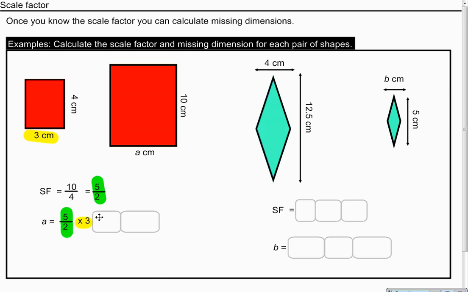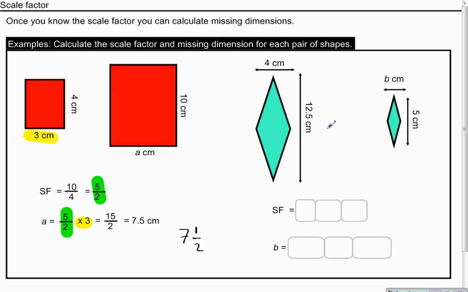Multiplying 5 times 3 would give me 15, so 15 over 2. Simplifying that down to 7.5. It's easier to leave your answer as a decimal or as a mixed number. You could be writing 7.5, just because that's a bit easier to visualize than 15 over 2.